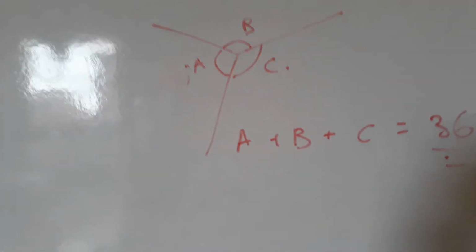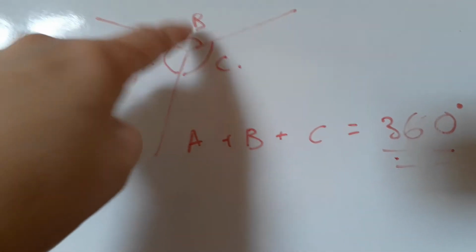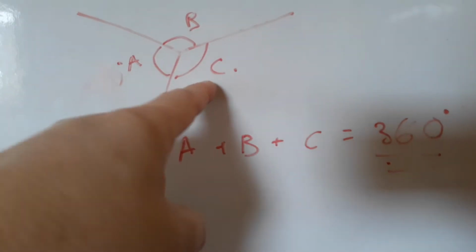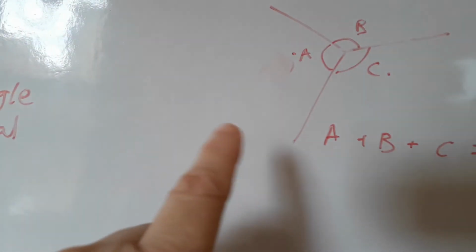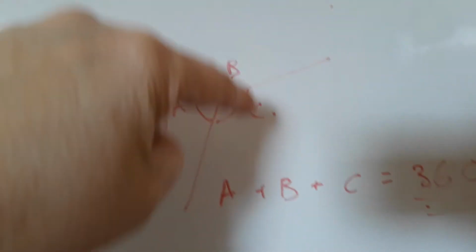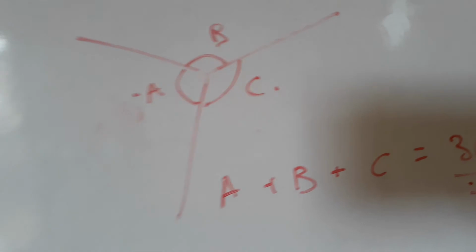If they're all equal, then I think it's 360 divided by 3. Basically, if you're working around a single point, it adds up to 360 degrees. So just put your protractor point there and work out each one individually if you need to, just to check that your answer is correct.